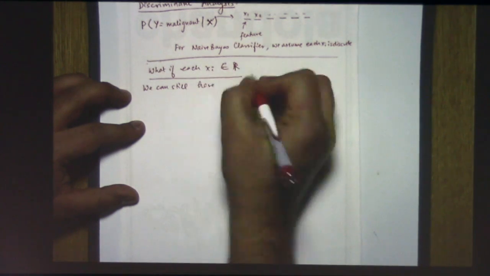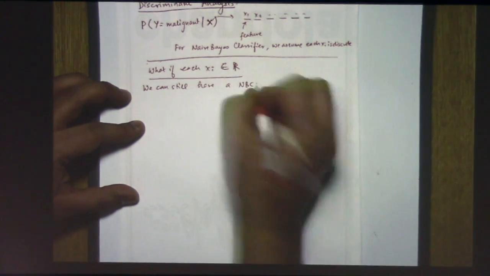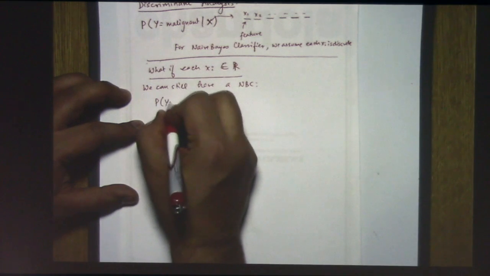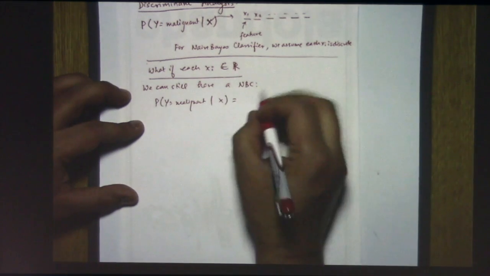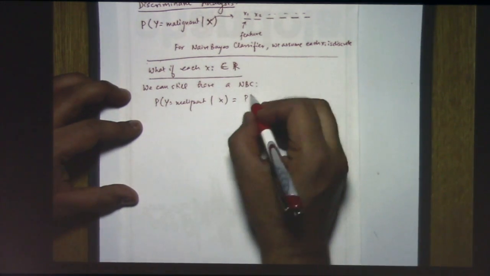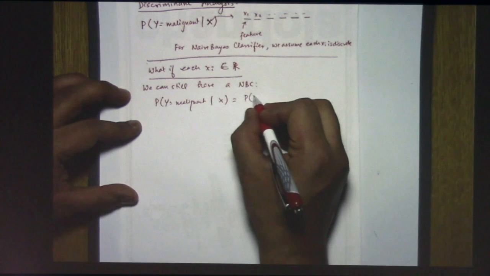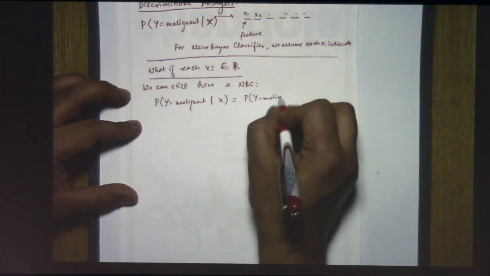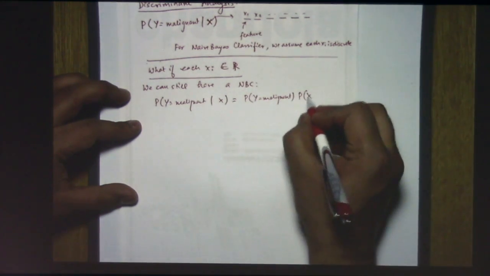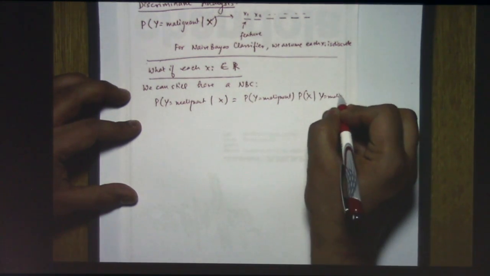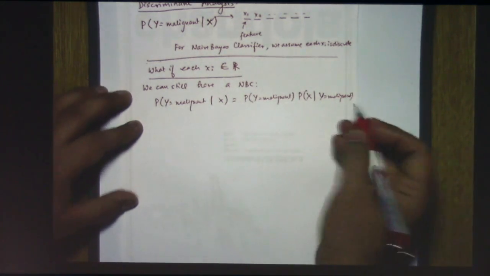So we can still have a naive-Bayes classifier, NBC, where the probability of y equal to malignant given x becomes, first we apply the Bayes rule, which says: what is the prior probability of y equal to malignant, times the conditional probability, the probability of x given y. This is the same as Bayes rule.